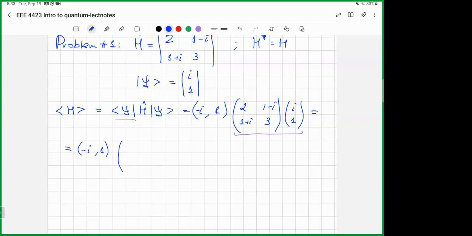Then the second one will be 2 times I, which gives me 2I, plus 1 minus I times 1, which is 1 minus I, right? And the second, it's going to be I times 1 plus I, right? And plus 3 times 1, which is 3.